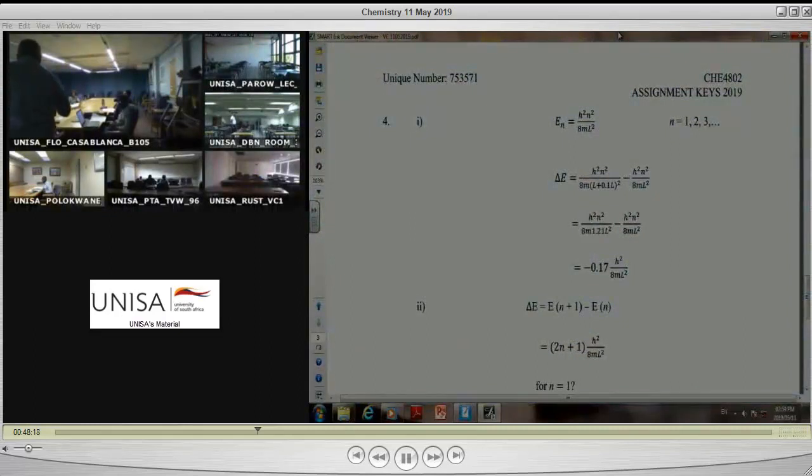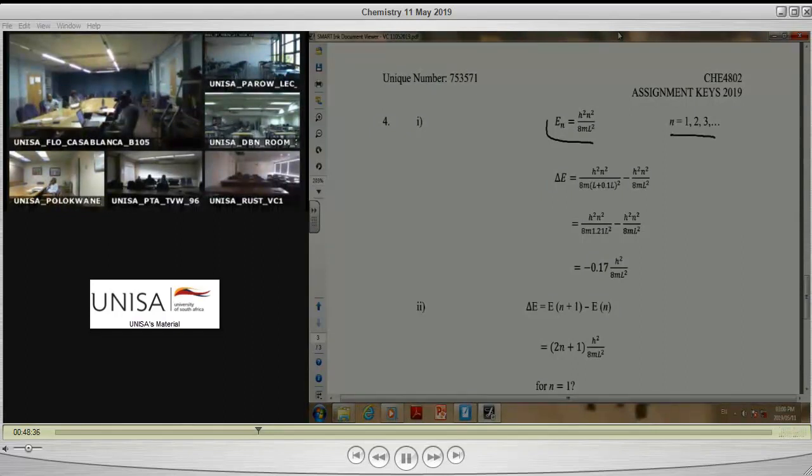But remember, when you write this equation, you cannot write it without this, because that instructs how much energy is in there, which level you're talking about. So if you write this alone, it suggests that you don't know what you're talking about, because that alone does not tell us what energy level you're talking about.